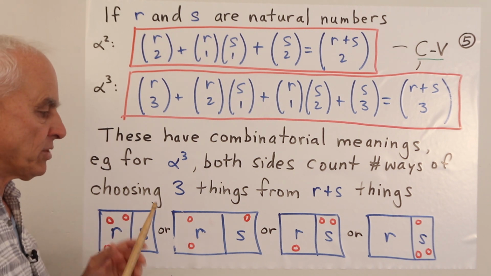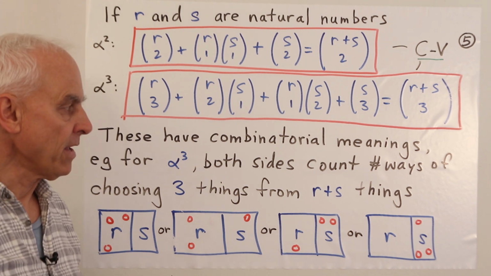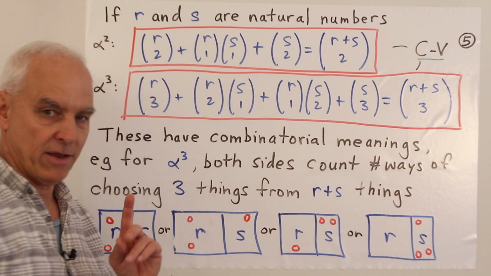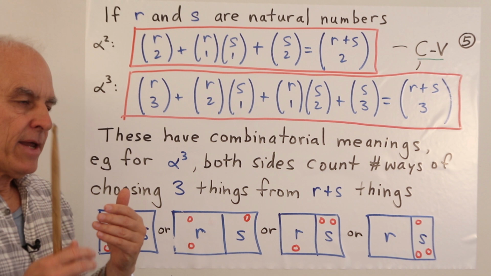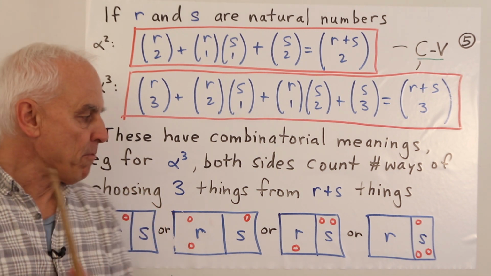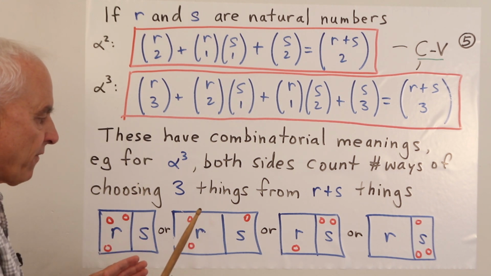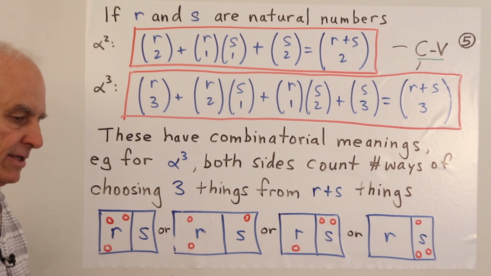And we're interested in choosing 3 things from the entire collection. Now, the number of ways of doing that is r plus s choose 3, what's appearing here on the right-hand side. What the left-hand side is doing is counting this in a more refined manner by separating the different cases of how many of our objects are going to be appearing in each of these boxes.